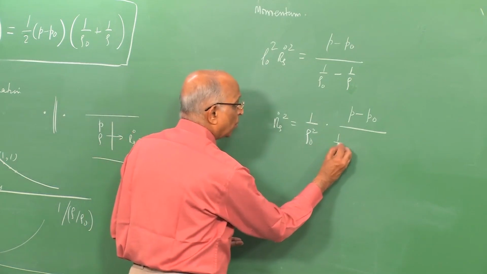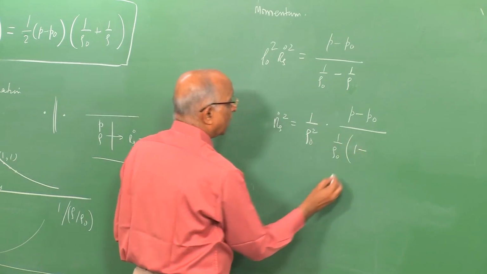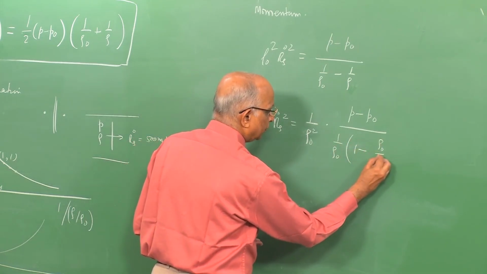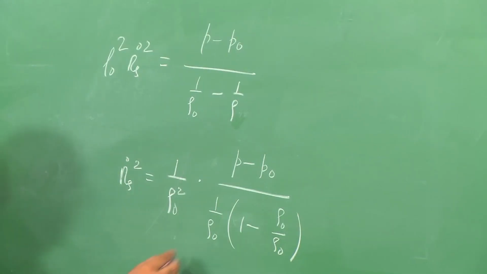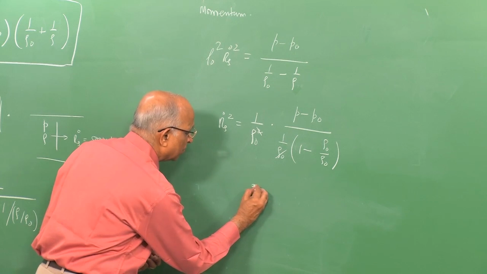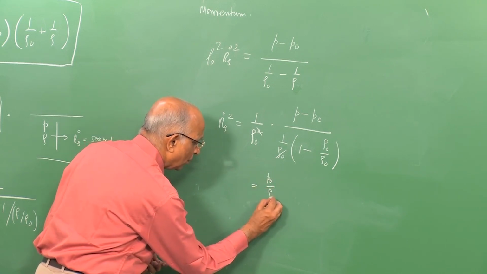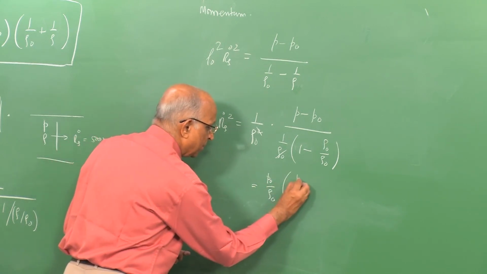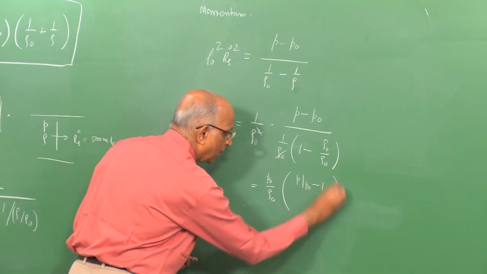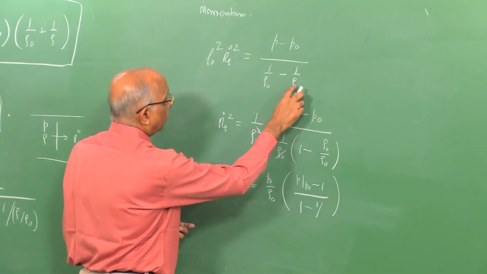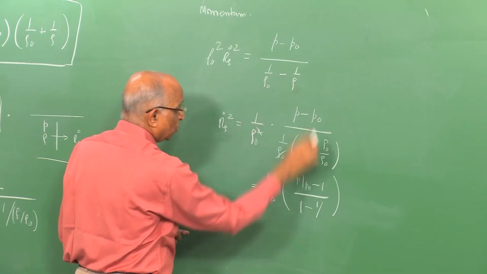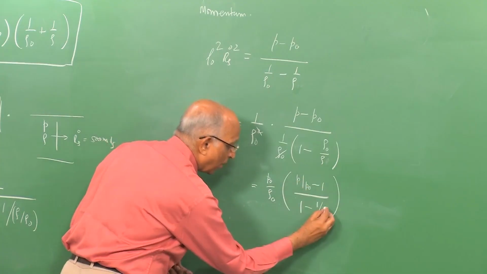Now I take 1 over rho 0 outside and I get 1 minus rho 0 by rho, and rho 0 gets cancelled over here. I can also take P 0 outside, and therefore this becomes P 0 by rho 0 into P by P 0 minus 1, divided by 1 minus rho 0 by rho, or rather 1 minus rho by rho 0.